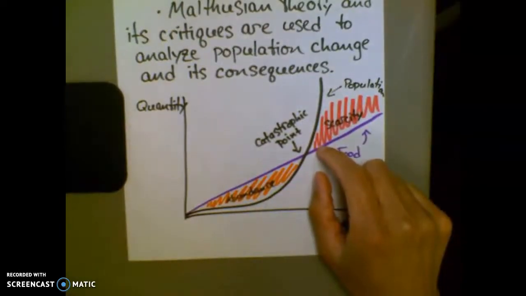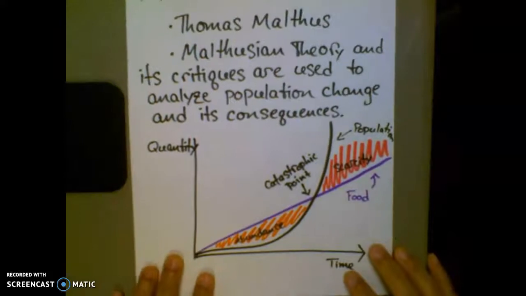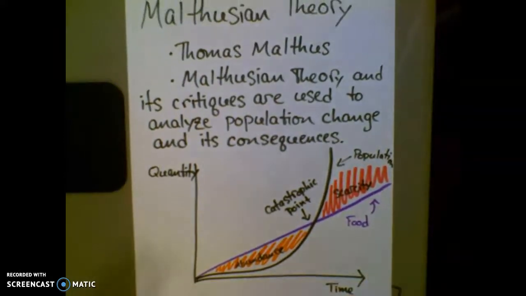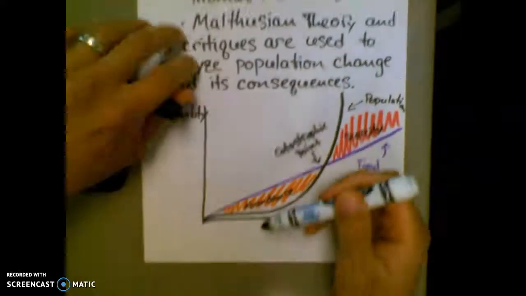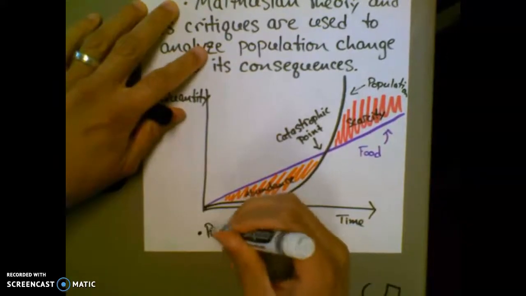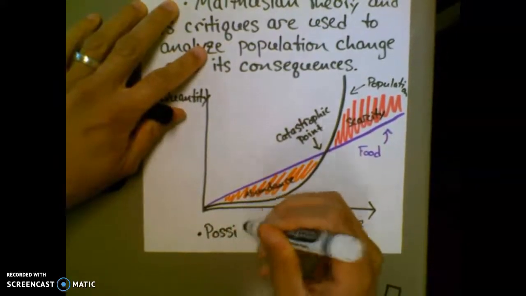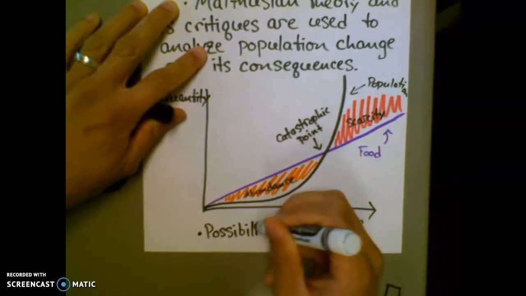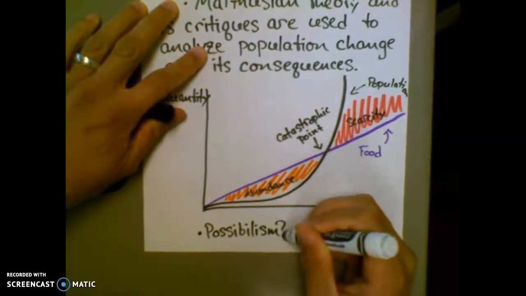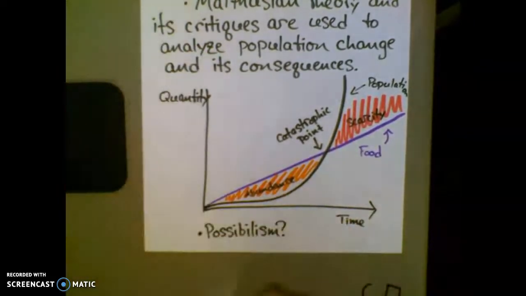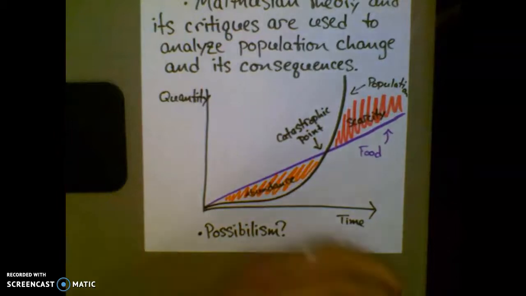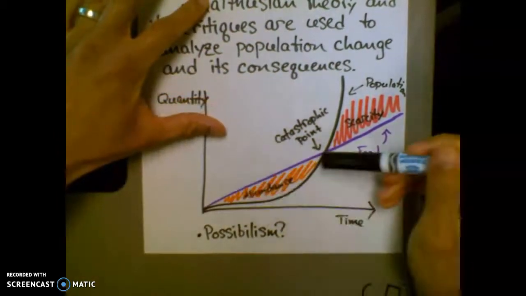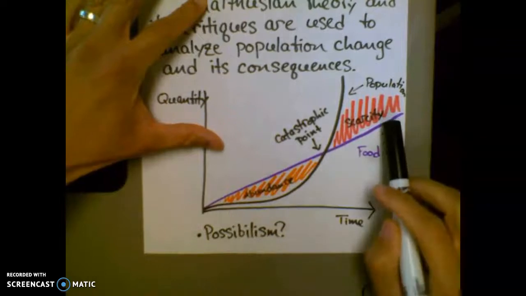What Malthus failed to realize, however, is the idea inherent in possibilism, which is that maybe with human ingenuity, we could do things to grow our food supply so that it doesn't have to follow this linear pattern.